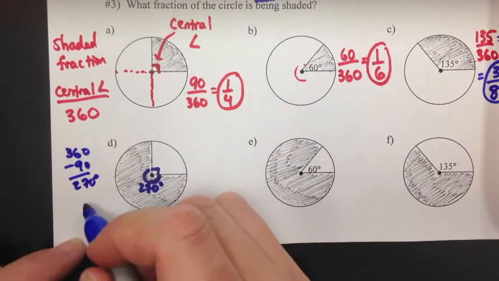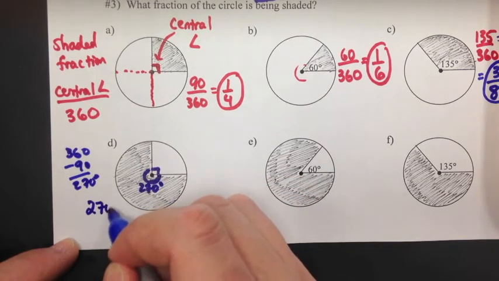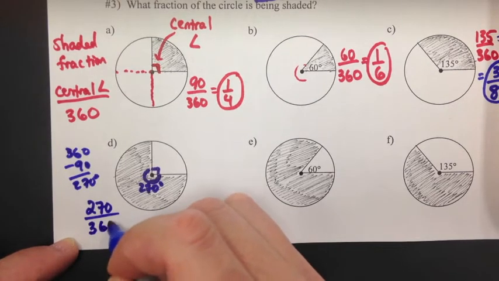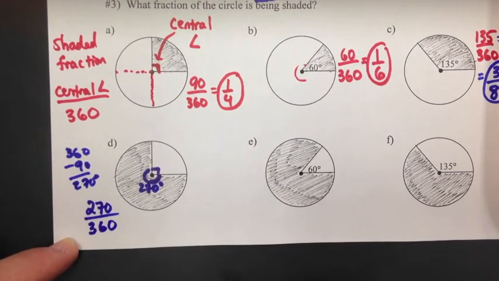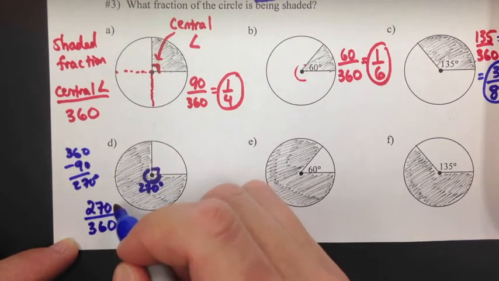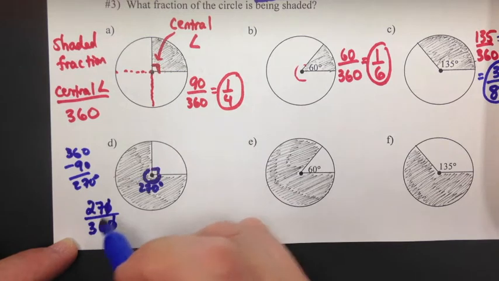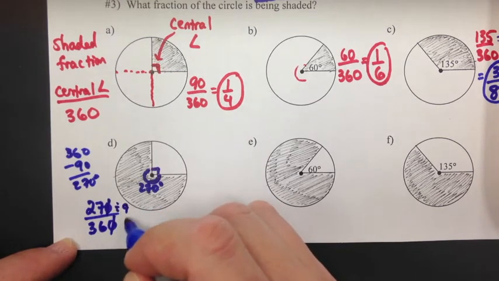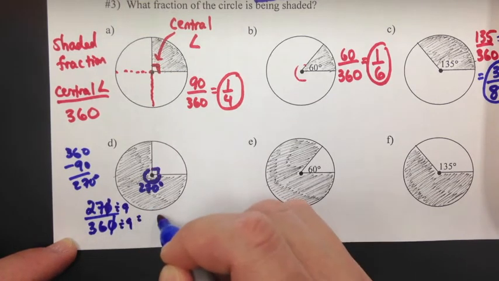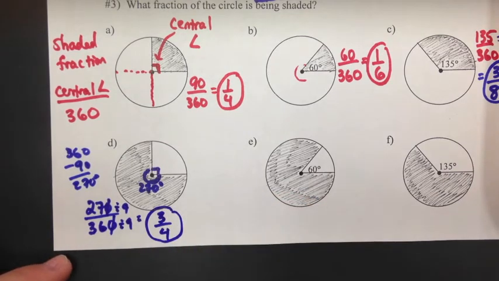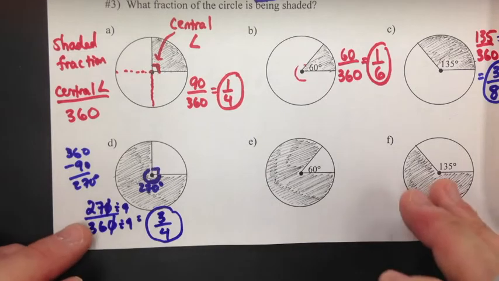So the fraction shaded, I take the central angle measure, 270, divide by the total central angle measure of a circle, 360, and what happens, I can cross out the zeros, I can divide by 10, and 27 divided by 36, 9 goes into both of those, and I get 3/4. So the fraction shaded is 3/4.